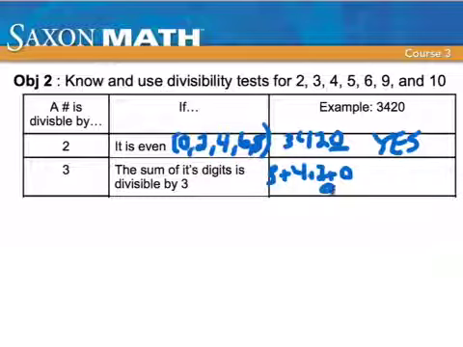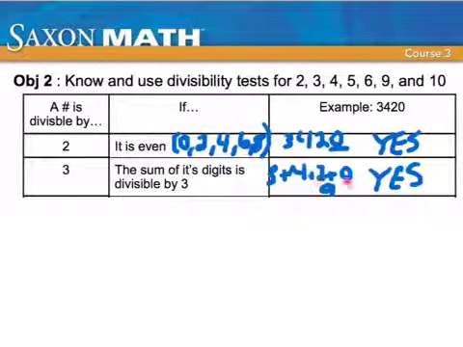So I got 9. Is 9 divisible by 3? Well, 9 divided by 3 is 3, so it's yes. Again, we're adding up all the digits in the number, and then seeing if the result is divisible by 3.